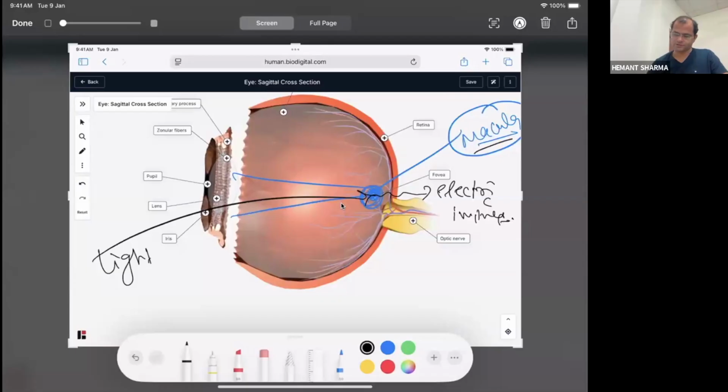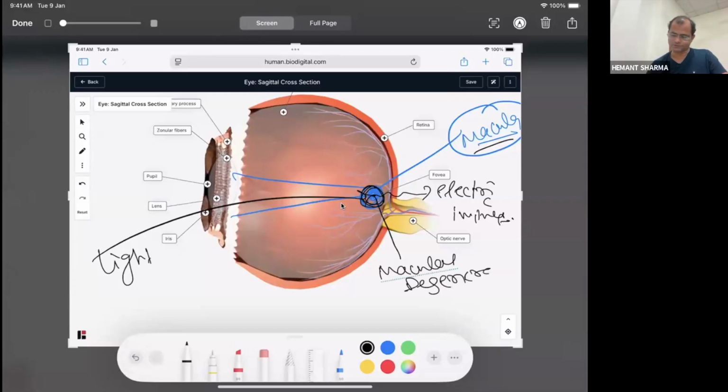Then we will be able to see the object. तो यहां पर जो मैकुला नाम की, so sometimes we see macular degeneration, means your solar panel ये जो खराब हो गया, macular degeneration.